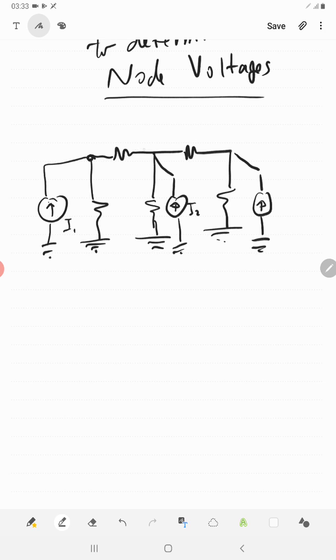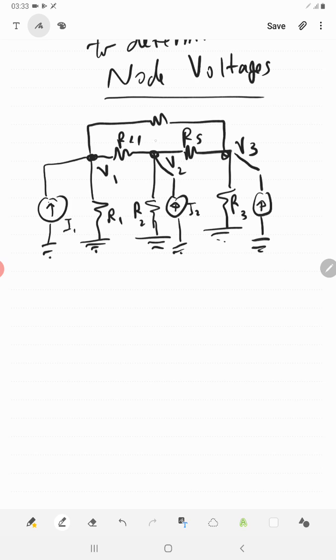How many nodes here we have? 3 nodes. Say V1, V2, and V3. Let's assume that we have also a resistor here. Let's say here R1, R2, R3, R4, R5, and R6. We have a total of 6 resistors.